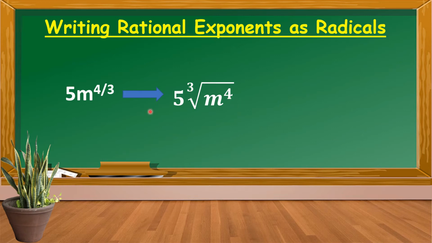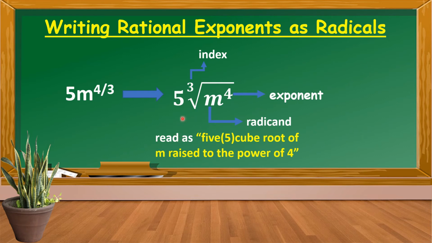And 4, the numerator, becomes the exponent of m. And m here is called the radicand. How are you going to read this one? That would be 5 cube root of m raised to the power of 4.